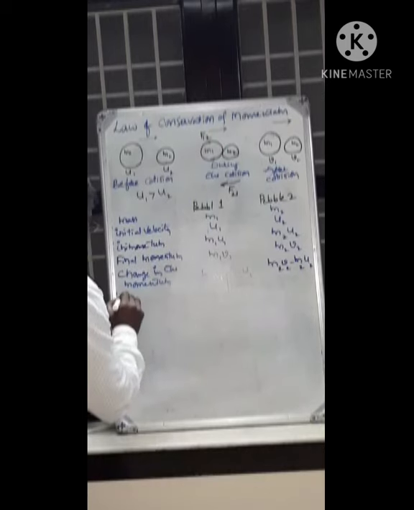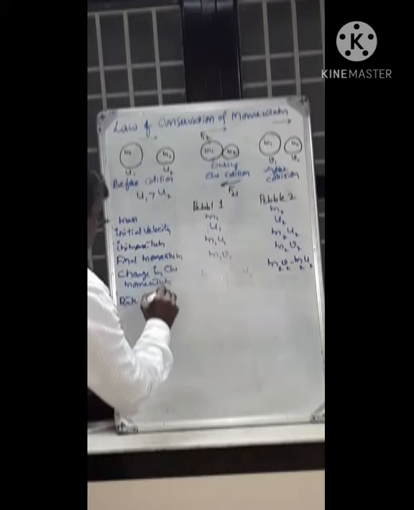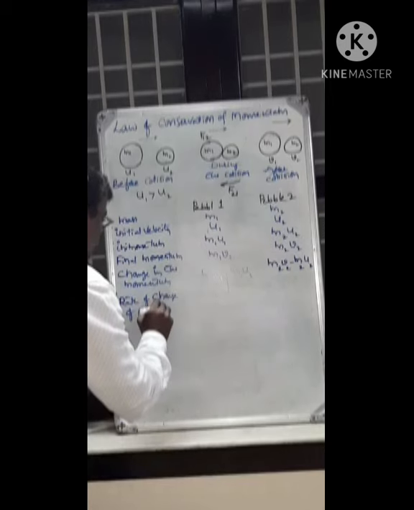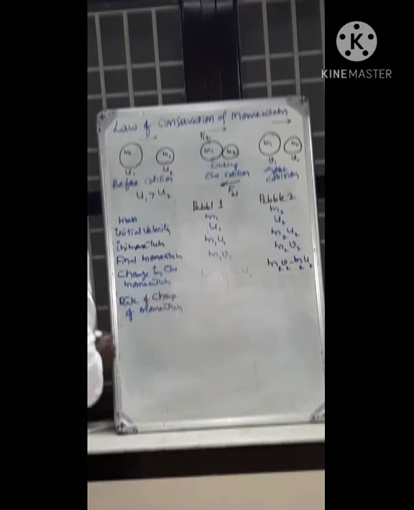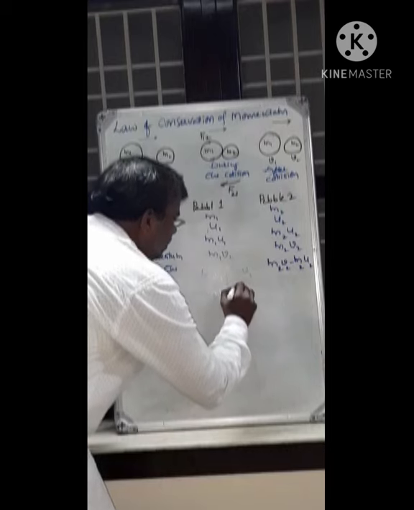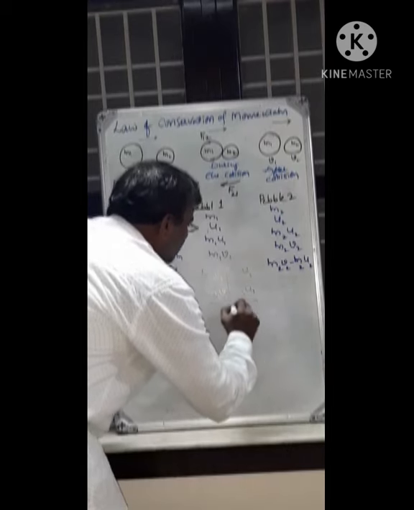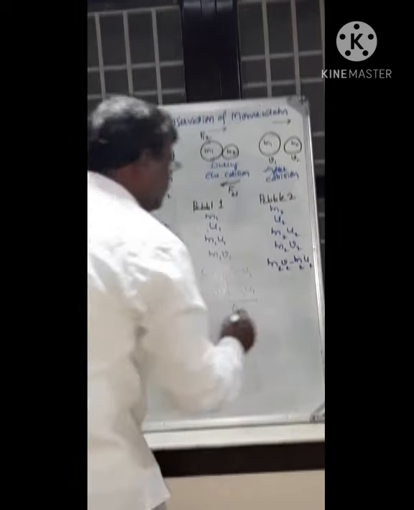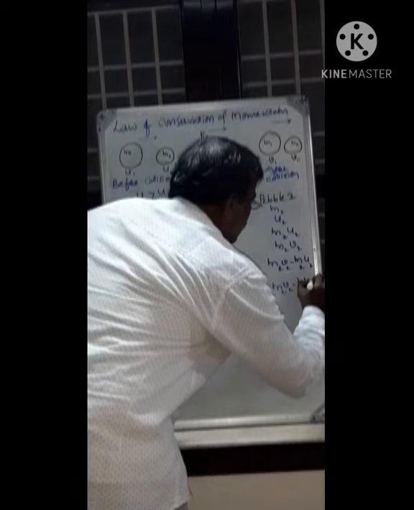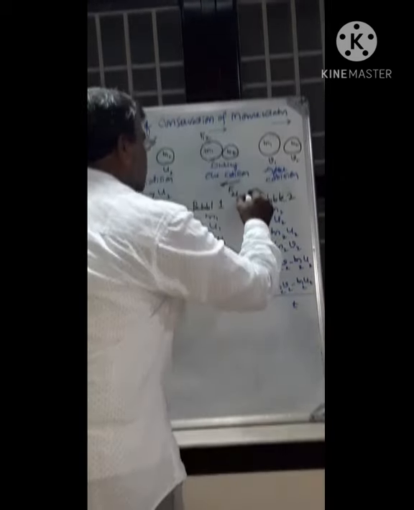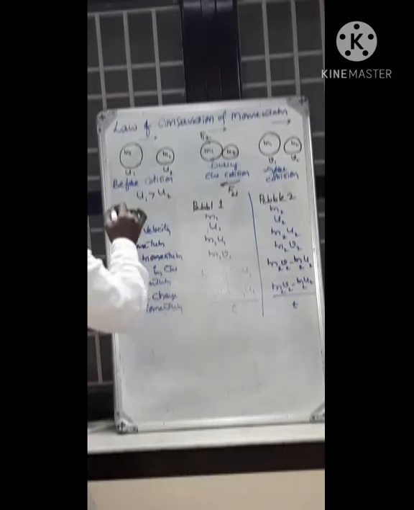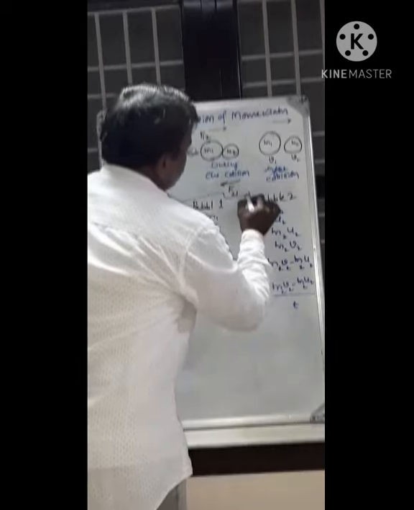Then the rate of change of momentum of these two bodies can be calculated as m1 v1 minus m1 u1 by time period t, and m2 v2 minus m2 u2 by time period t.